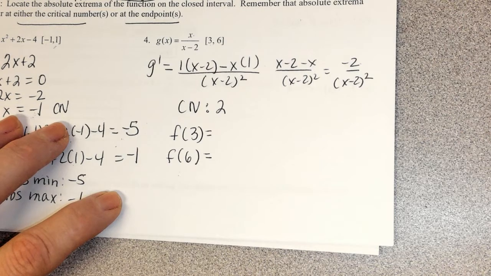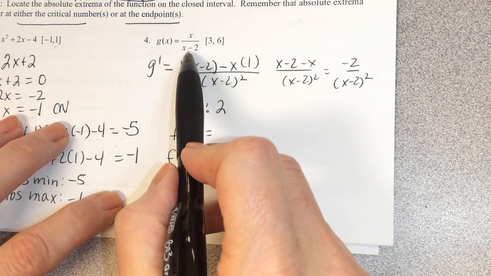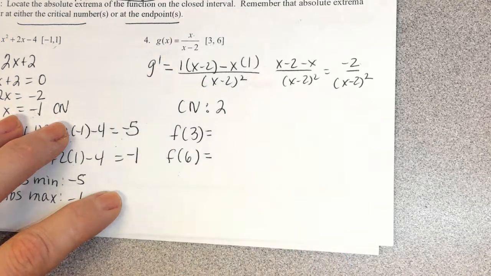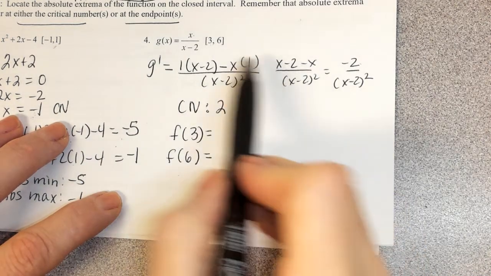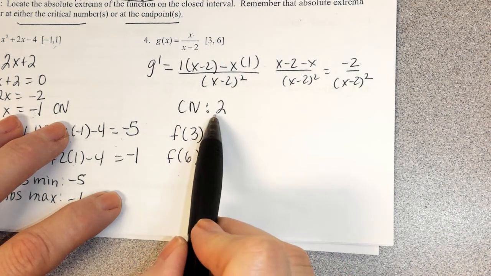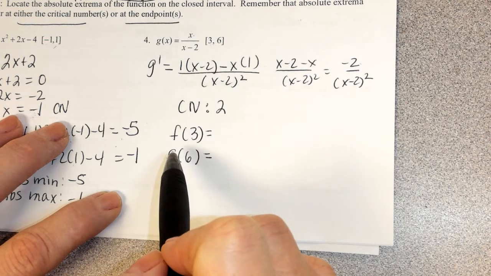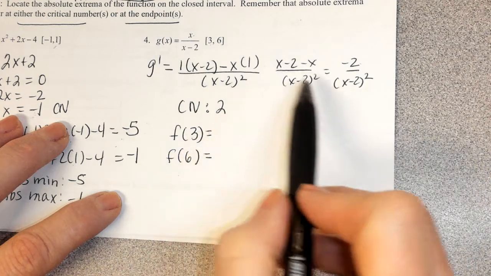It would be undefined, that's one reason. There'd be a vertical asymptote there. That's one reason I don't have to check it. There's another reason too. Yeah, I'm only looking between 3 and 6. This 2 is lower than that, so I don't even care about it. So there's 2 reasons why I don't have to check it. But I do have to check the endpoints.